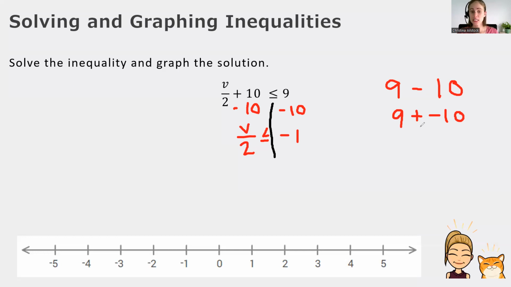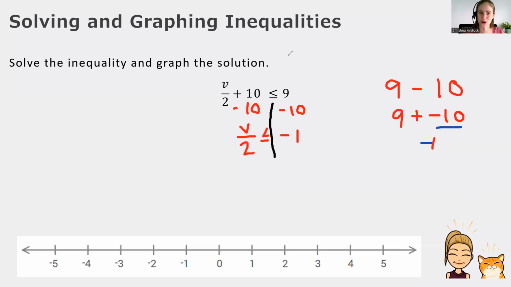If the signs are different, you subtract and keep the sign of the heavier number. So in this case, our signs are different, so we would subtract, giving us 1. And then the heavier number would be 10, because there's more 10s than there are 9s, resulting in a -1. All right, so either way you want to look at it, 9 minus 10 is -1.